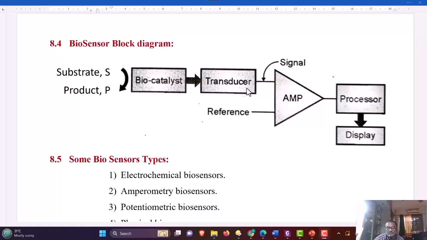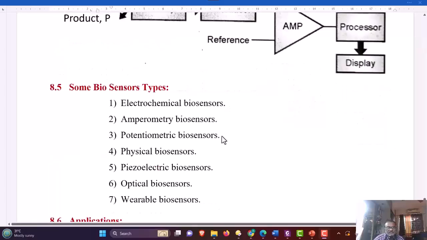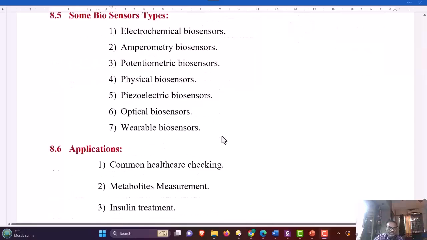The transducer produces a signal in the form of an electrical parameter that can be further amplified if required and displayed. Some of the biosensor types are electrochemical biosensors, amperometric biosensors, potentiometric biosensors, physical biosensors, piezoelectric biosensors, optical biosensors, and wearable biosensors.